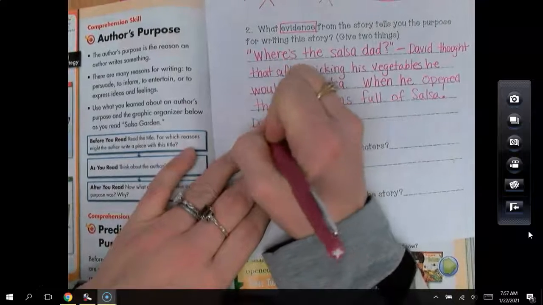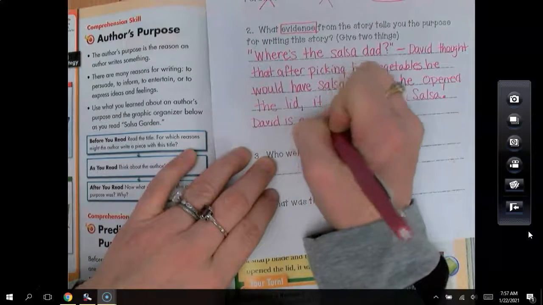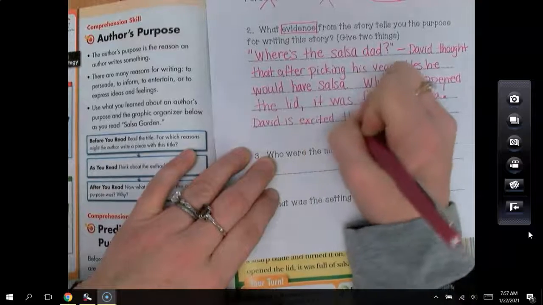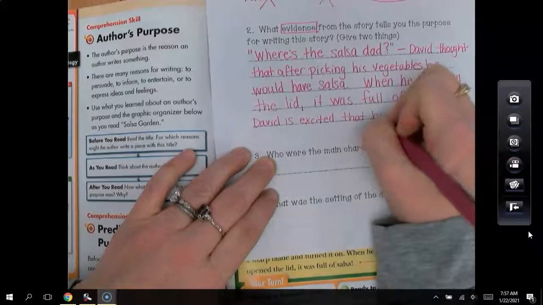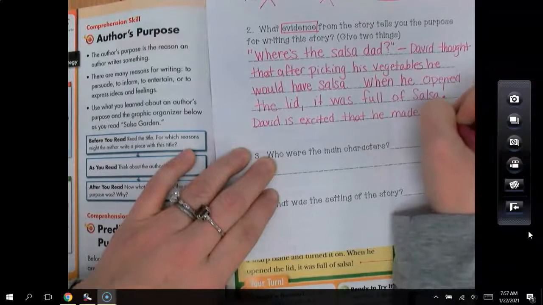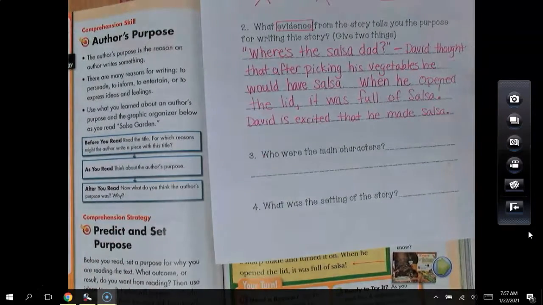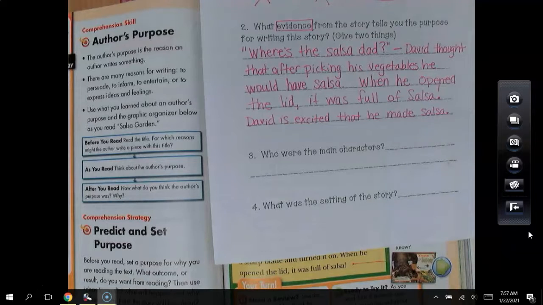So I'm going to put, David is excited that he made salsa. So when he opened the lid, it was full of salsa. David is excited that he made salsa.